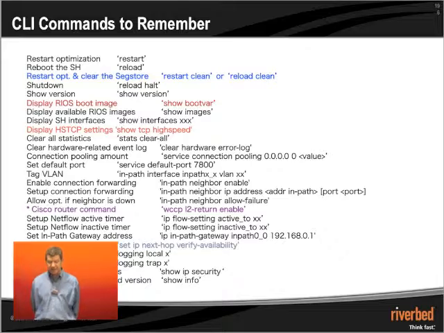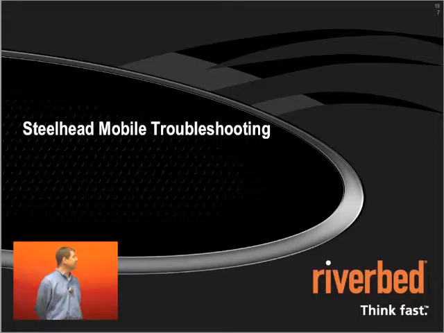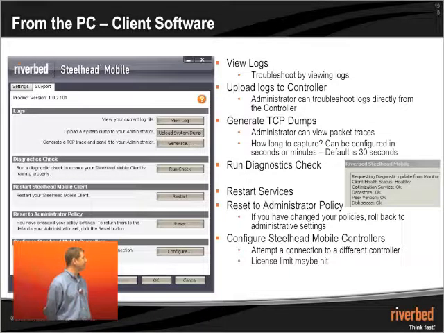All right, that's Steelhead appliance troubleshooting. Now let's look at Steelhead Mobile troubleshooting. From the PC, we can access the client software and go into the support tab. There's a lot of cool things you can do here. You can view the logs. You can upload the logs to the controller for a system administrator to analyze.